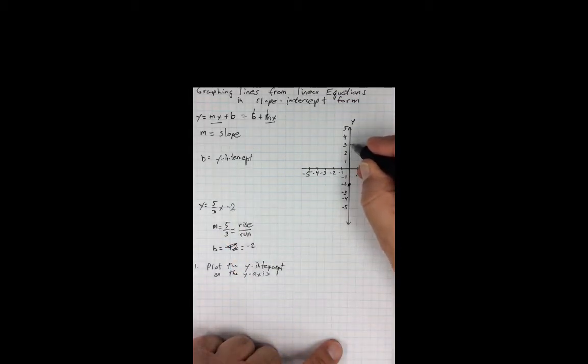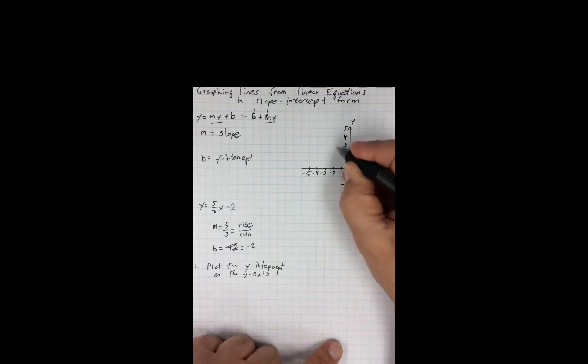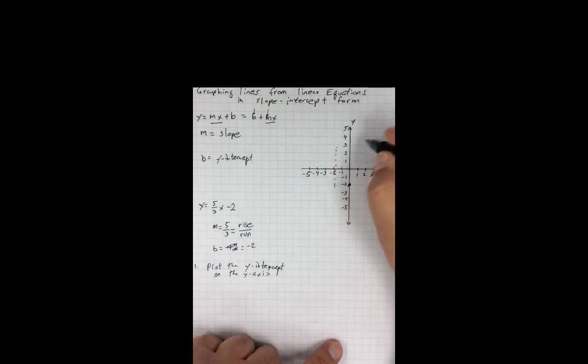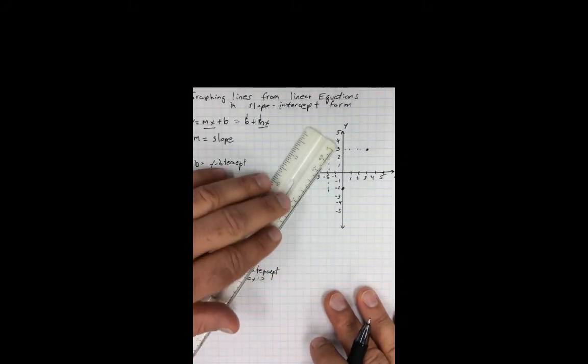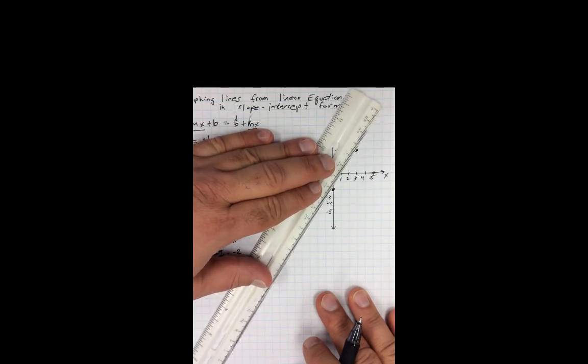We're not going to put a dot there. We're just going to hold our pen there and see that the run, meaning how far we go over to the right or left, is going to be 3. Since it's positive, we go in the positive x direction, 3 points. So we go 5 up and 3 over, and this is the second point. Now all we have to do is draw a line through those points.